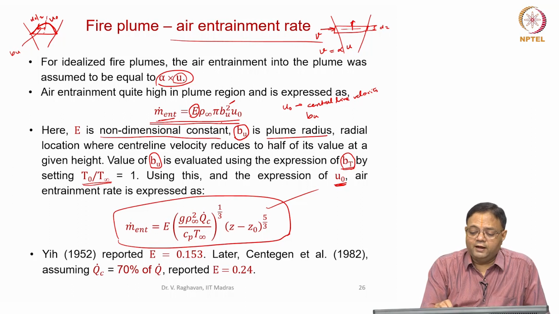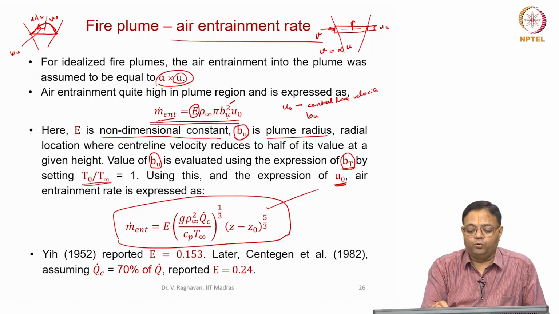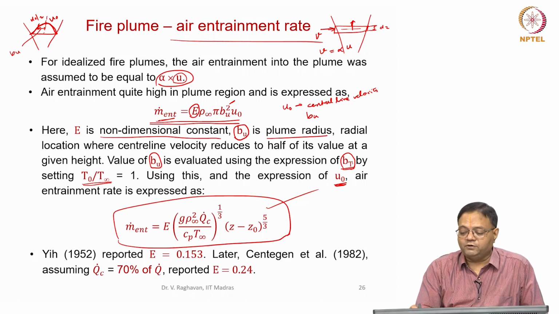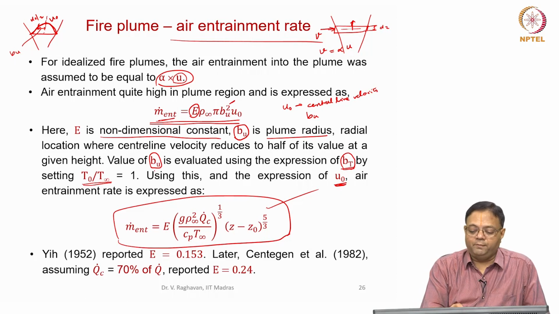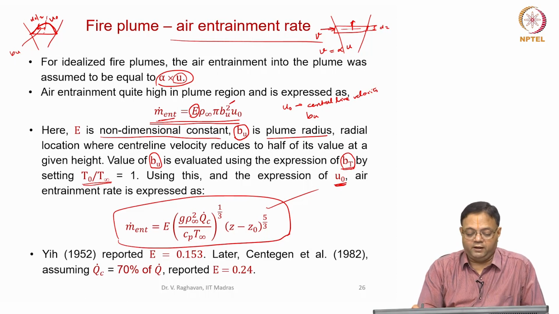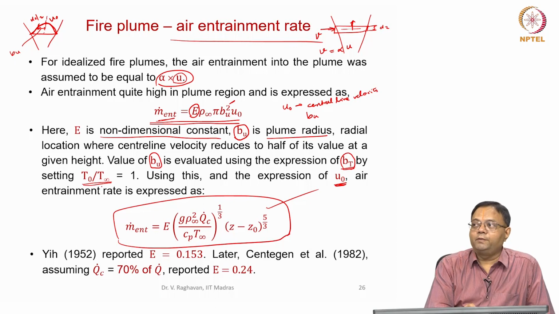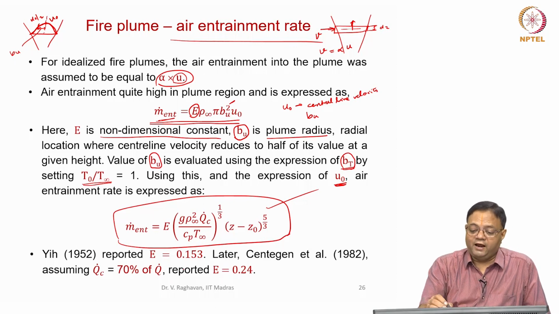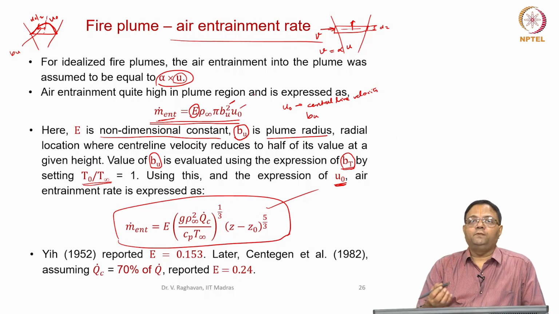Now in this expression, I have bu. I have the expression for bt. So bu can be calculated using the expression for bt, but setting t naught by t infinity as 1. Then I have an expression for u naught from the improved plume solution itself.